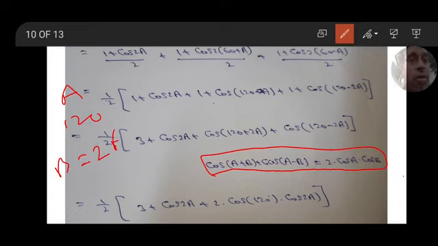Substitute in this, we get 1 by 2 as it is, 3 plus cos 2a, plus 2 cos 120 into cos 2a.